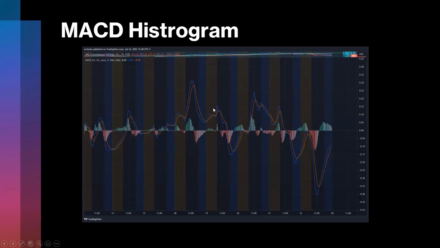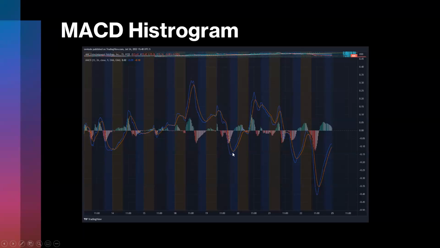Up here, even though you have a bearish histogram, we still have bullish momentum because we're above the zero line. Once we get below the zero line, we get an even bigger histogram to the downside, a bigger space in between.